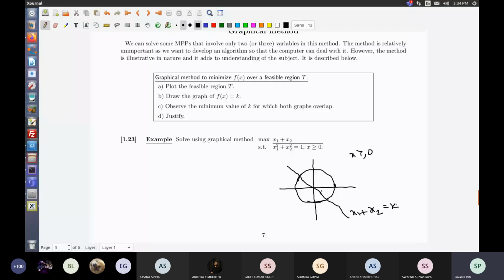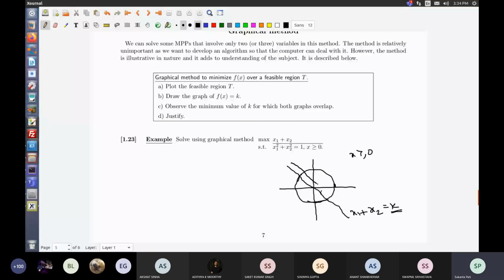Now observe the minimum value of k for which both the graphs overlap. If I increase the value of k, you will get a parallel line.